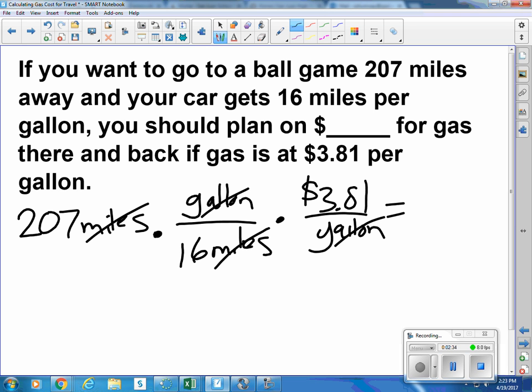And that way we just multiply anything that's on the top and divide by anything that's on the bottom. Calculator says 207 times 3.81 divided by 16 is $49.29. Rounded to the nearest penny.